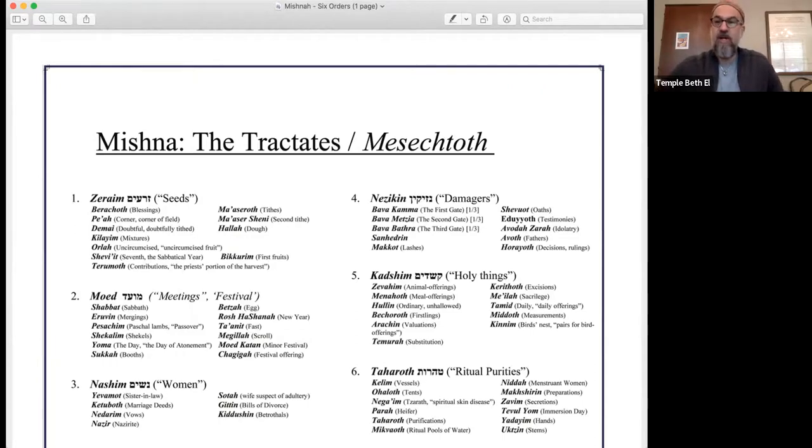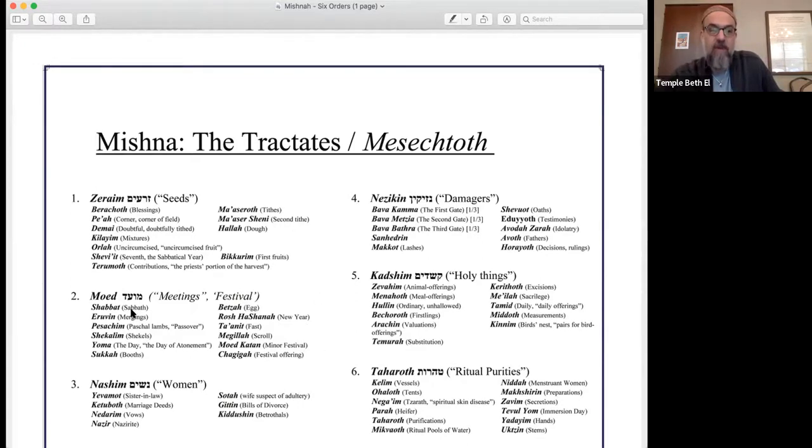Sometimes it's just called Shas, Shisha Sidrei. The first letters of those two words, Shin and Samech, is Shas. So if someone says to you, I'm studying Shas, what they mean is they're studying Mishnah or something based on the Mishnah, because it's a reference to the Shisha Sidrei Mishnah, the 6 orders.